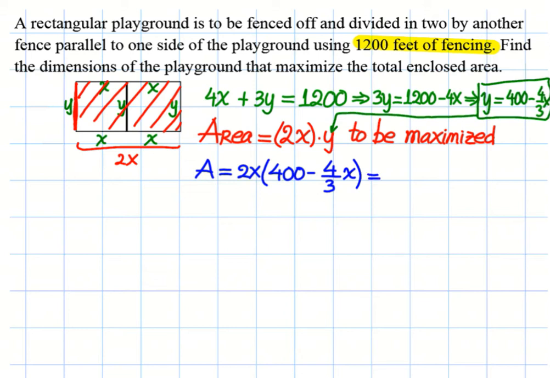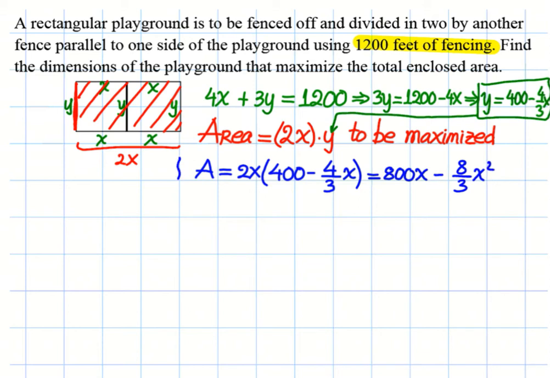That gives us 800x minus 8 over 3 x squared. So that is the function that we're trying to maximize.